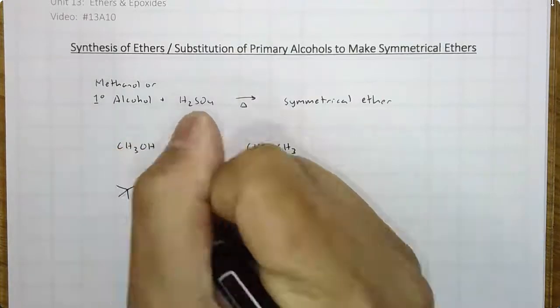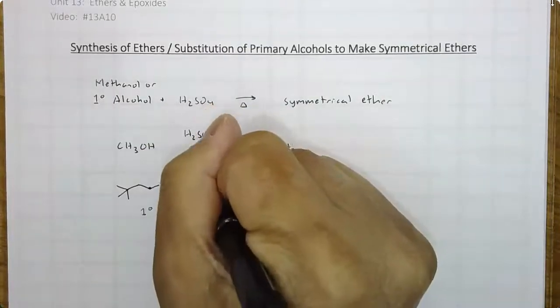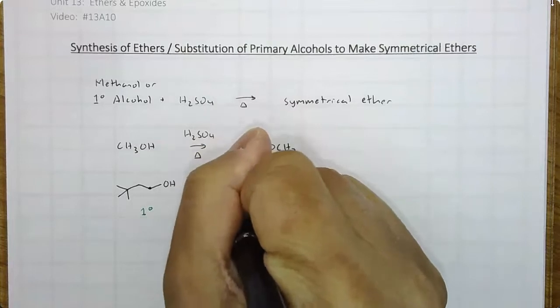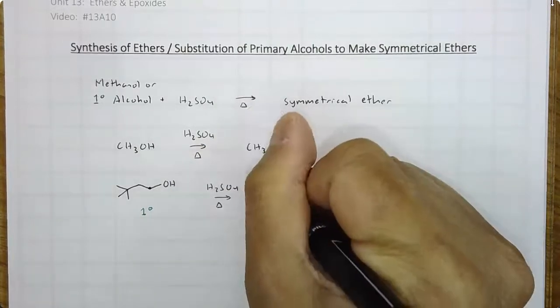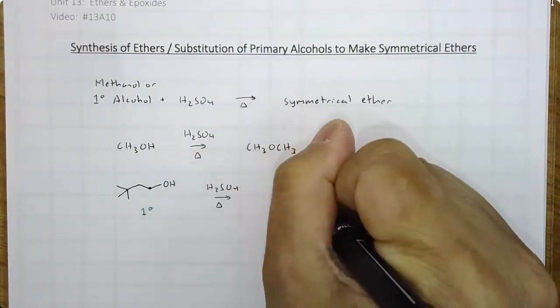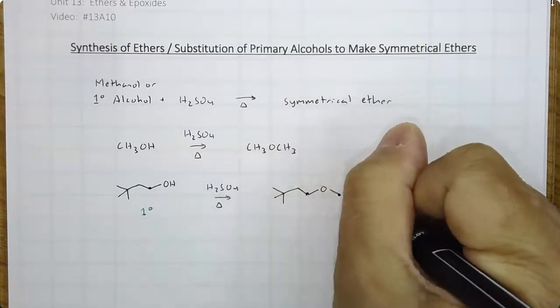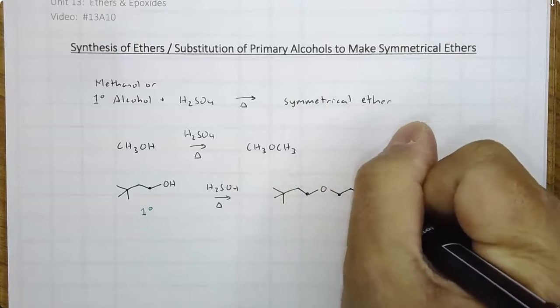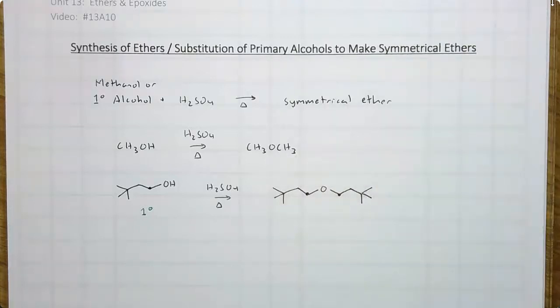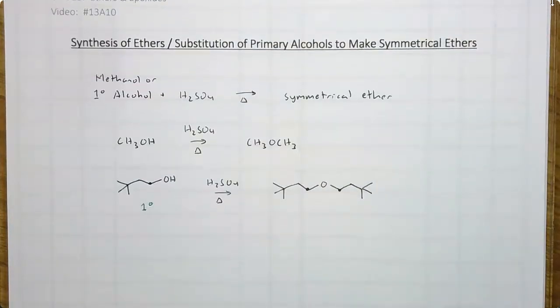Let me put a dot here just to make sure that I have the right number of carbons in the product. There's your dot, there's an oxygen, there's a dot, and there's the other side of the ether. Alright, let me go through the mechanism.